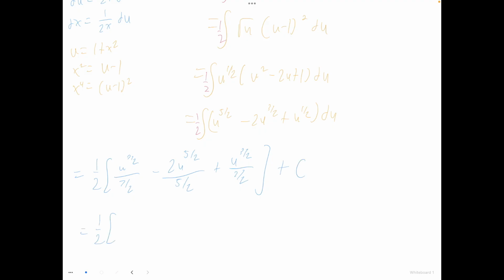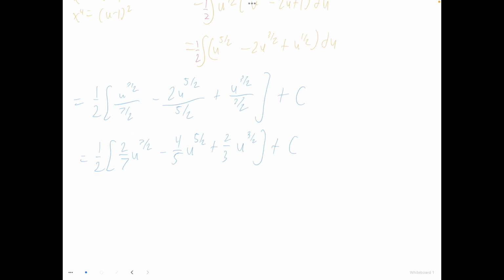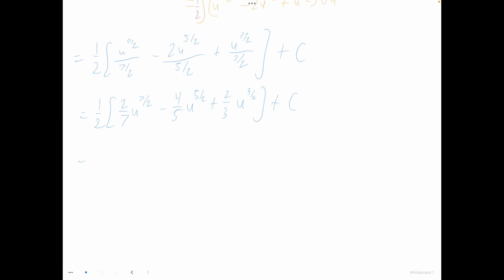So we have 1/2 times 2/7 u to the 7/2 minus 4/5 u to the 5/2 plus 2/3 u to the 3/2 plus c. Now multiplying our 1/2 through everything, we're going to have 1/7 u to the 7/2 minus 2/5 u to the 5/2 plus 1/3 u to the 3/2 plus c.